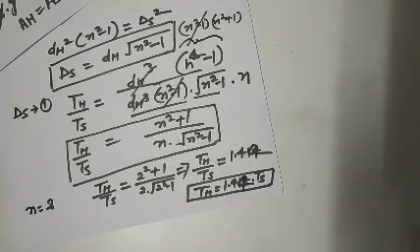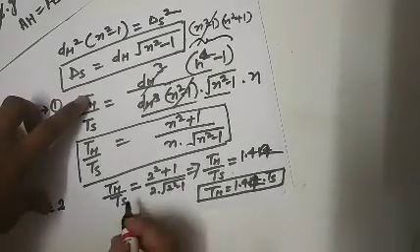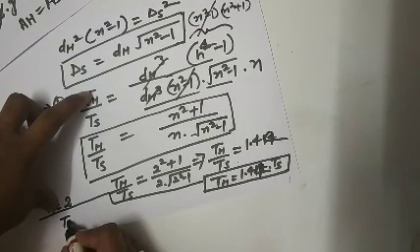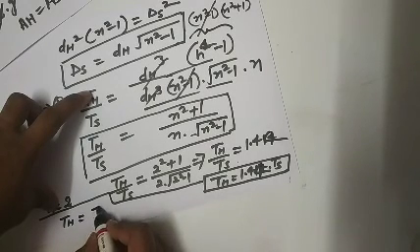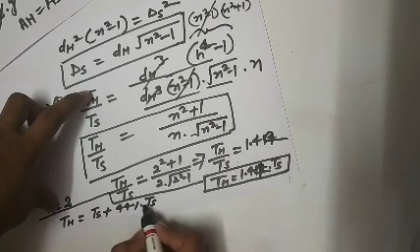So what we see is that the torsional strength of the hollow shaft for the given condition is 44% higher than the solid shaft, right? It can also be written in terms of this whole equation like this: Th will be equal to Ts plus 44% of Ts, right?